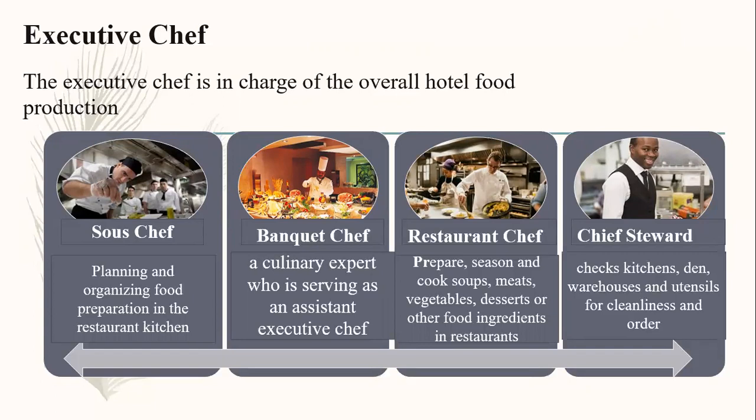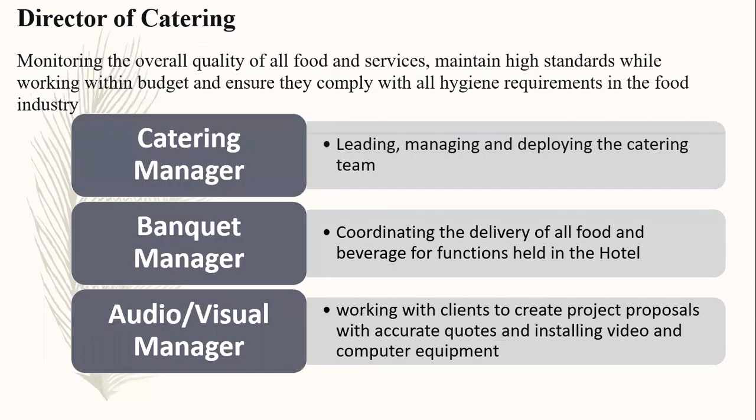And the last staff in executive chef is chef steward. A chef steward checks the kitchens and the warehouse for cleanliness and order. The next staff is director of catering.